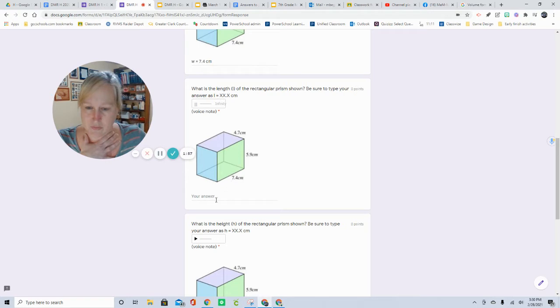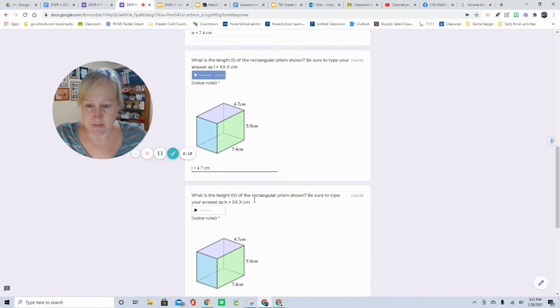You will need to type your answer as L space equals space the number space centimeters. So as you can tell, this could also be the length. It's whichever one you want, but each one has to be represented. You can't use the same number twice.